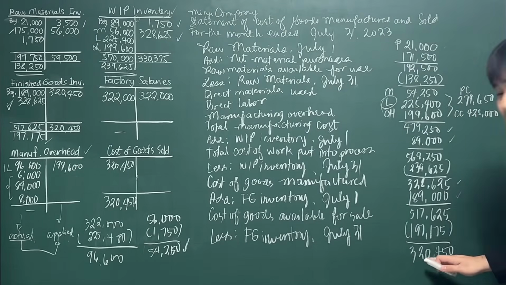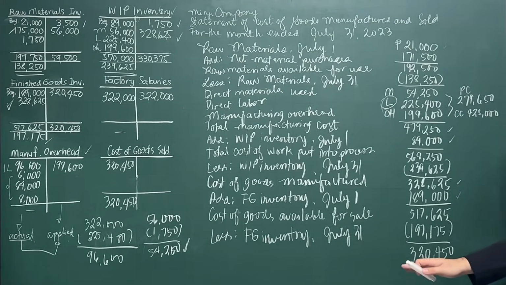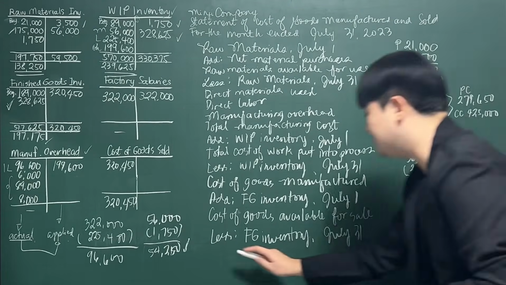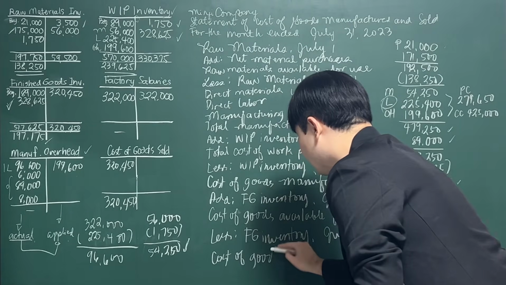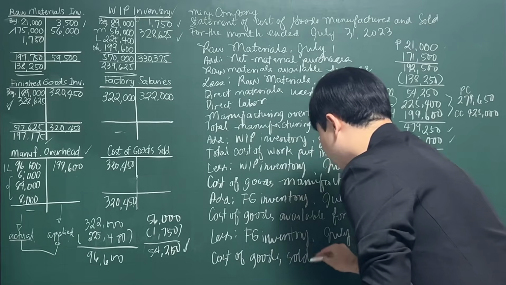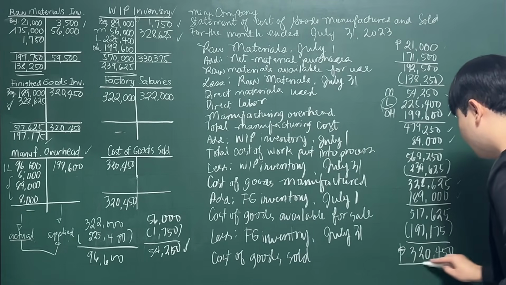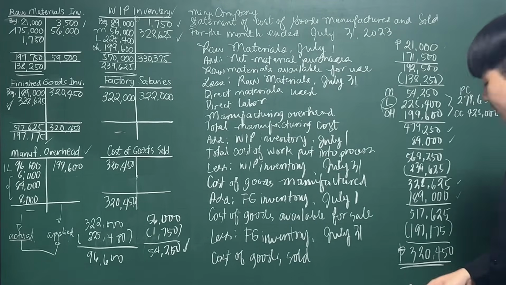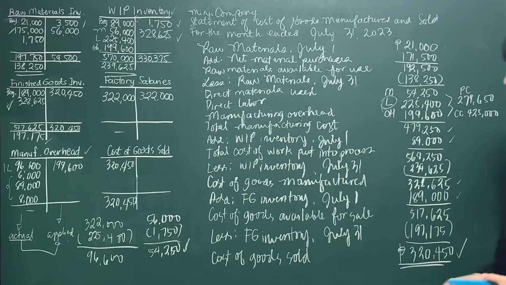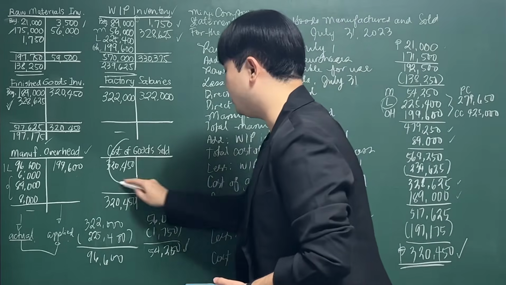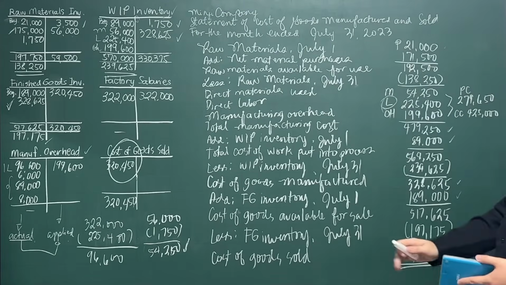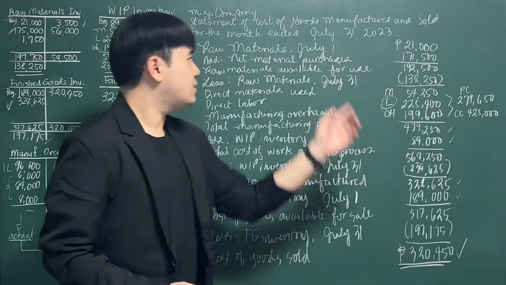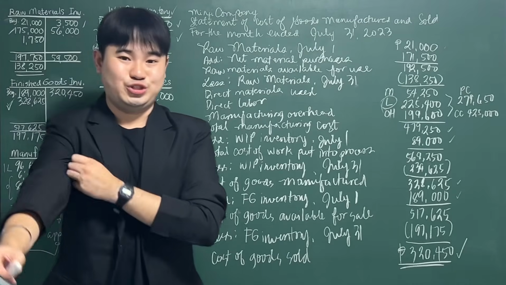Now, this 320,450 is basically your cost of goods sold. Cost of goods sold is 320,450. Cost of goods sold in your T accounts, 320,450. Okay? So this is how you prepare your statement of cost of goods manufactured and sold.